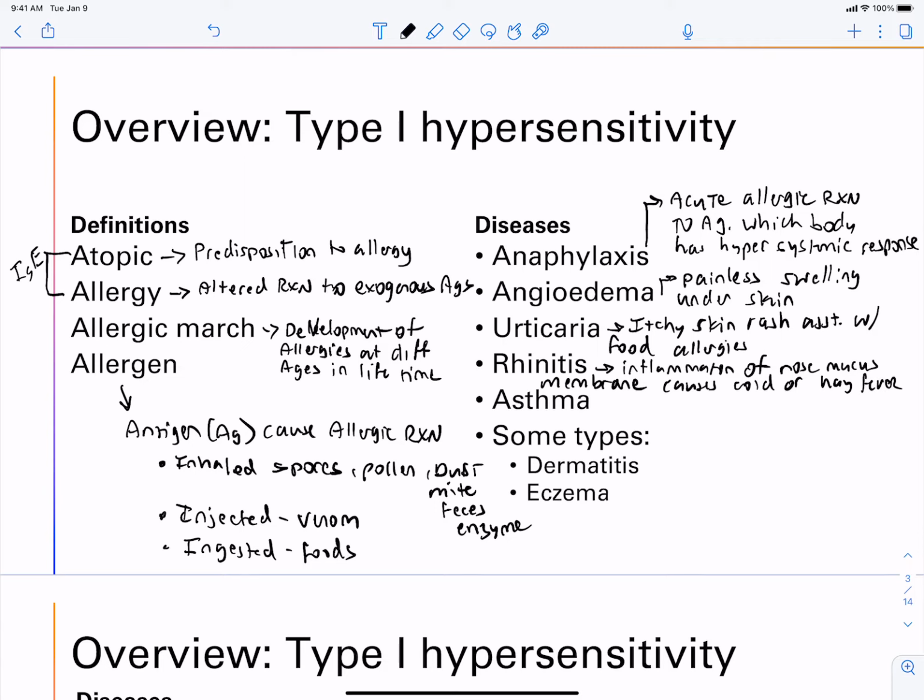And then, of course, there's asthma, which is a respiratory condition with spasms of the bronchi, which causes difficulty breathing.